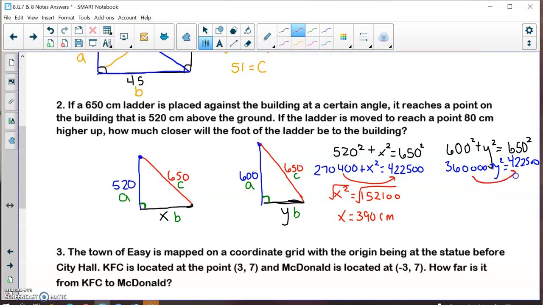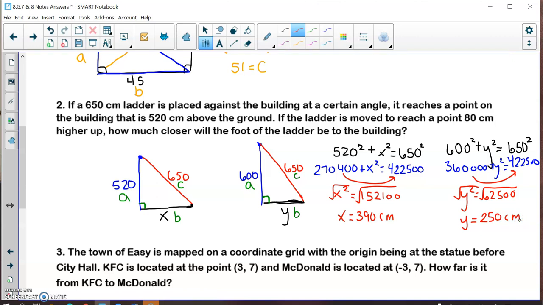Subtracting 360,000 from both sides in my second equation, I would wind up with y squared is equal to 62,500. And taking the square root of both sides here, I wind up with y is equal to 250 centimeters.